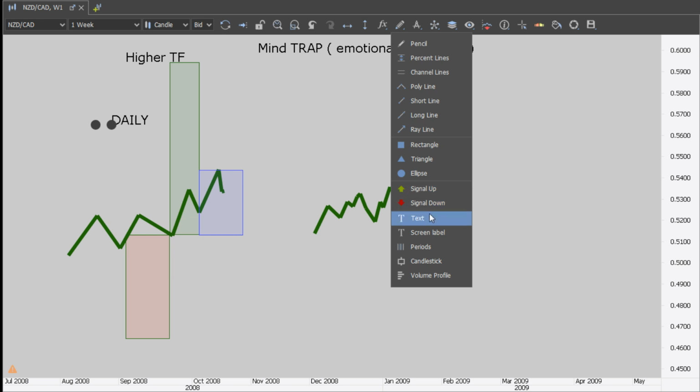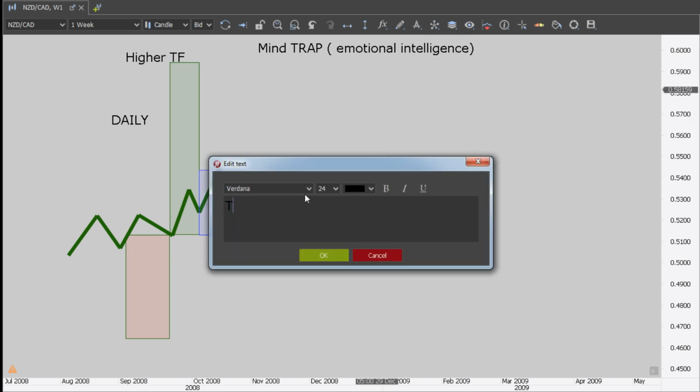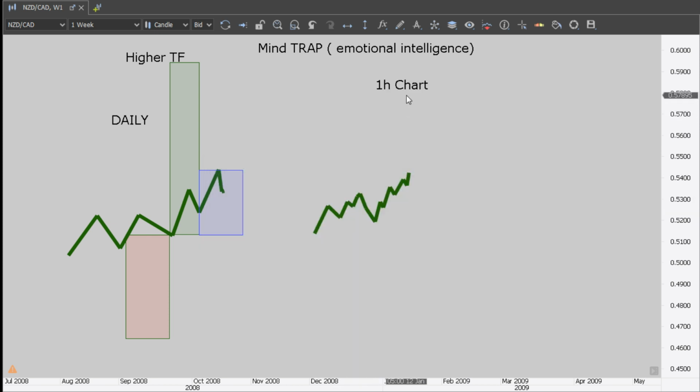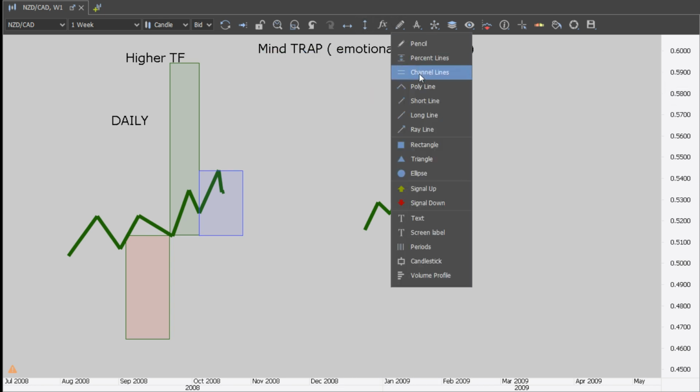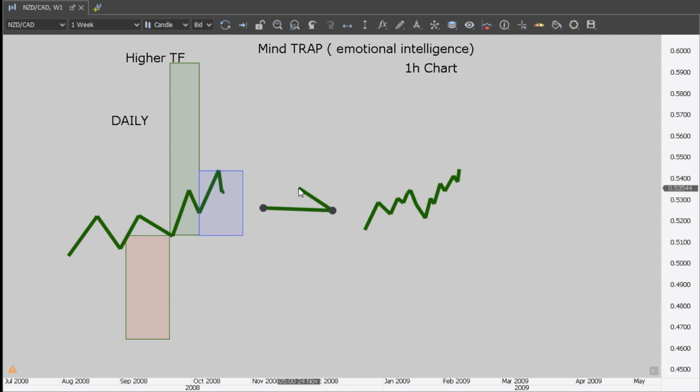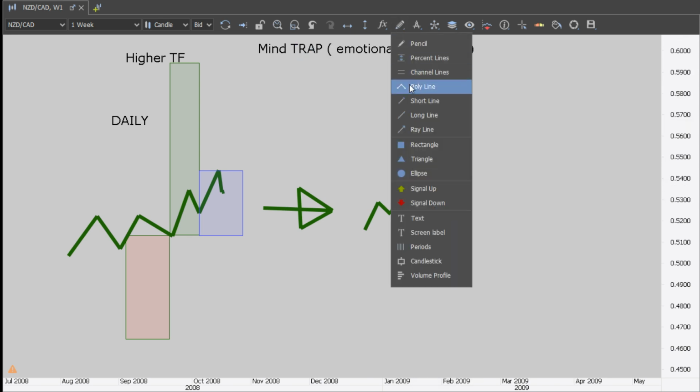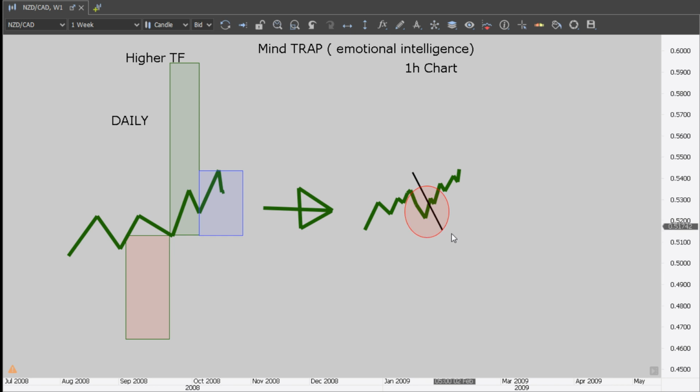Okay, let's write this down. 1 hour chart. When you go from the daily chart to the 1 hour chart because you want to micromanage your trade from the daily chart, and you think that you entered a great trade, right?